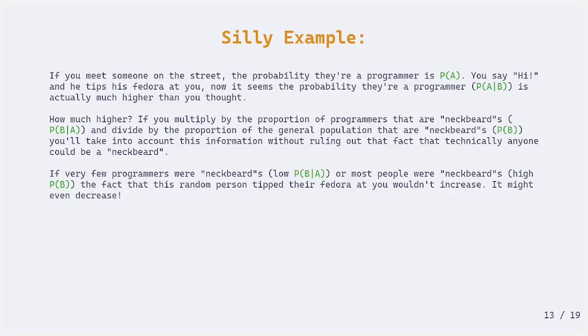It's going to decrease this new updated probability. And so we multiply our prior by this proportion, P of B given A, and we divide by this counter effect, and so we can see how much our probabilities have changed given this new information.